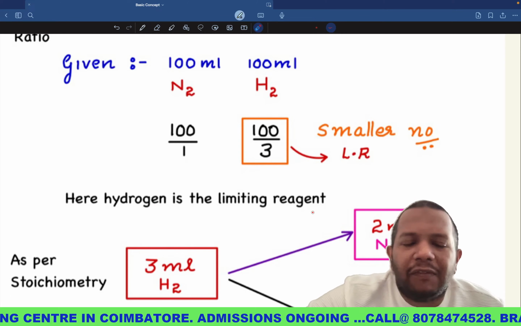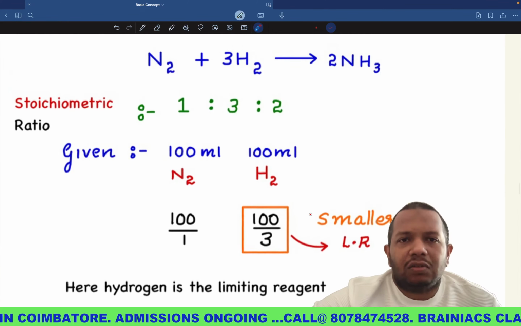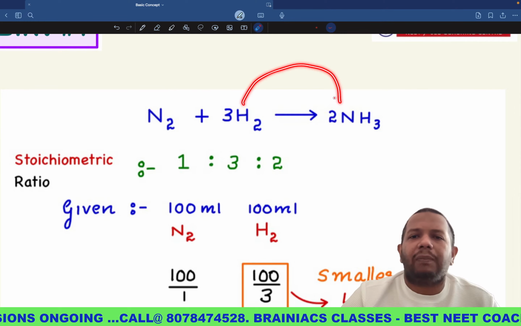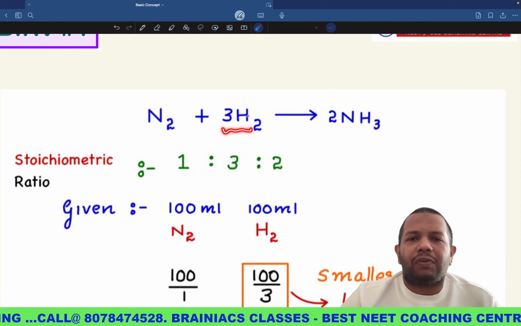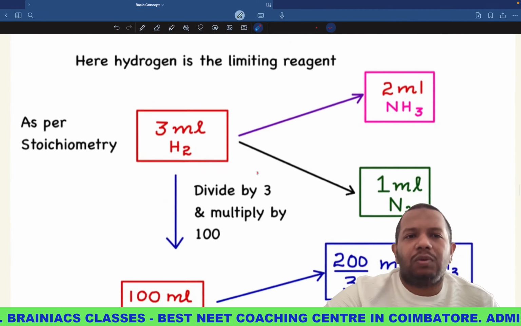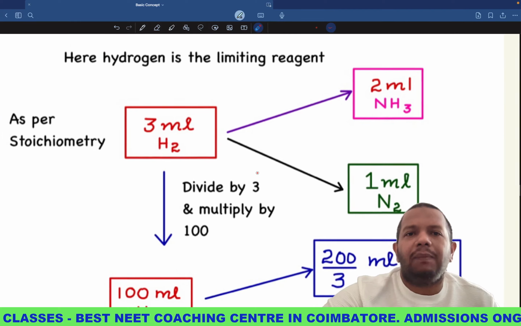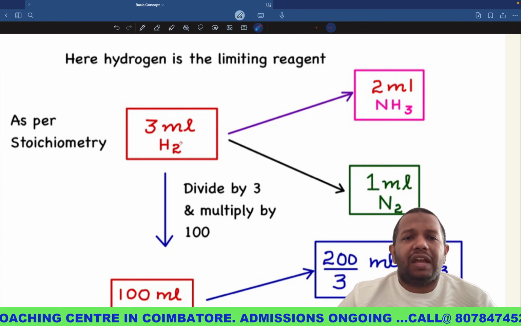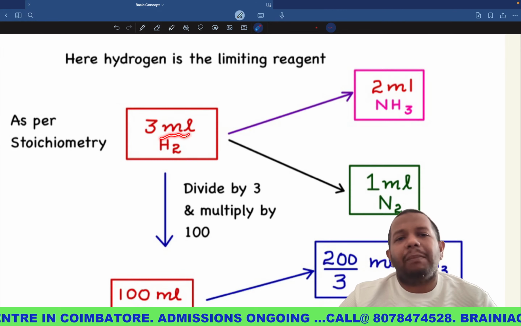Now we will speak everything with respect to hydrogen. So as per stoichiometry, how is hydrogen related to ammonia? We know that 3 mole of hydrogen can give you 2 mole of ammonia. So first we will write with respect to stoichiometry. 3 mole, and we can even write directly as 3 ml of hydrogen.